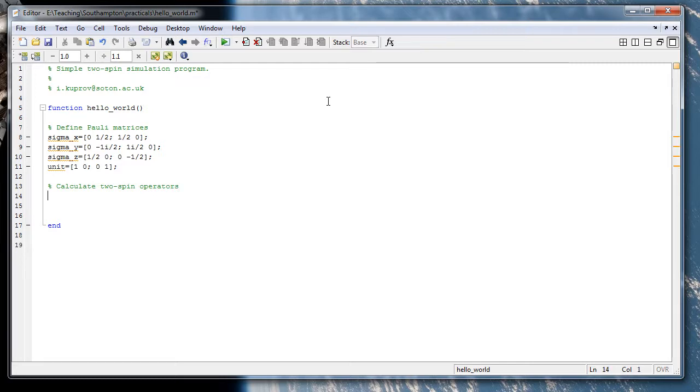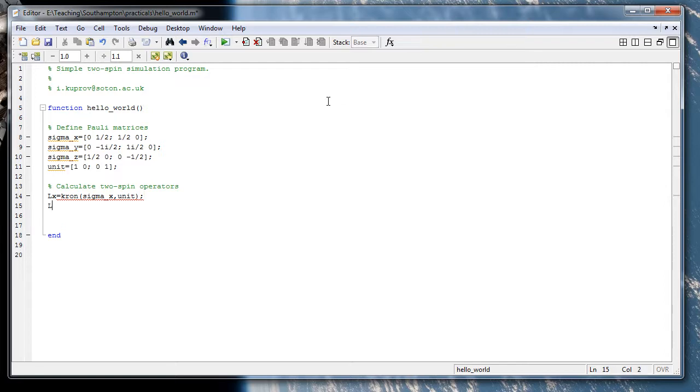Right, so if we call the first spin L, then Lx, the x operator for that spin, will be a Kronecker product, Kron, of sigma x on the first spin and unit matrix on the second one.